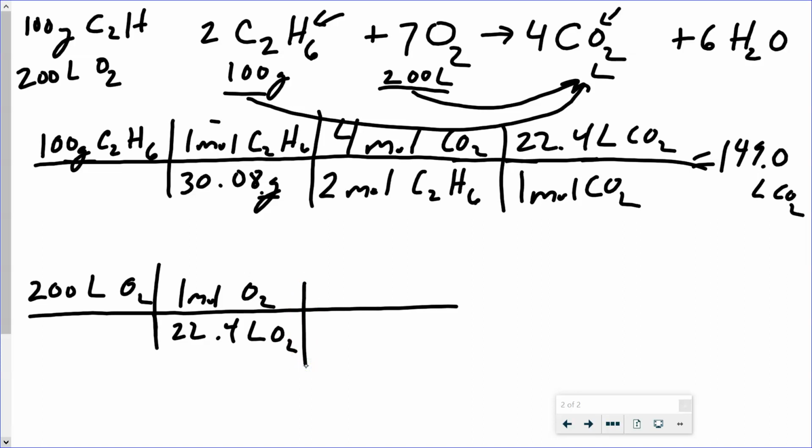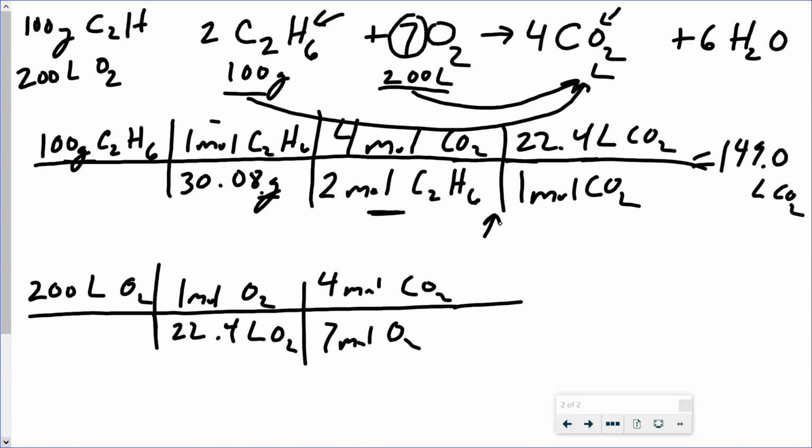Now we're going to use our mole ratio, just like we did up here. But this mole ratio is different. We can see that 7 moles of O2 will yield 4 moles of CO2. Again, if you stopped at moles here, that would be perfectly fine to determine which one makes the least amount of moles of CO2, and therefore is our limiting reactant.